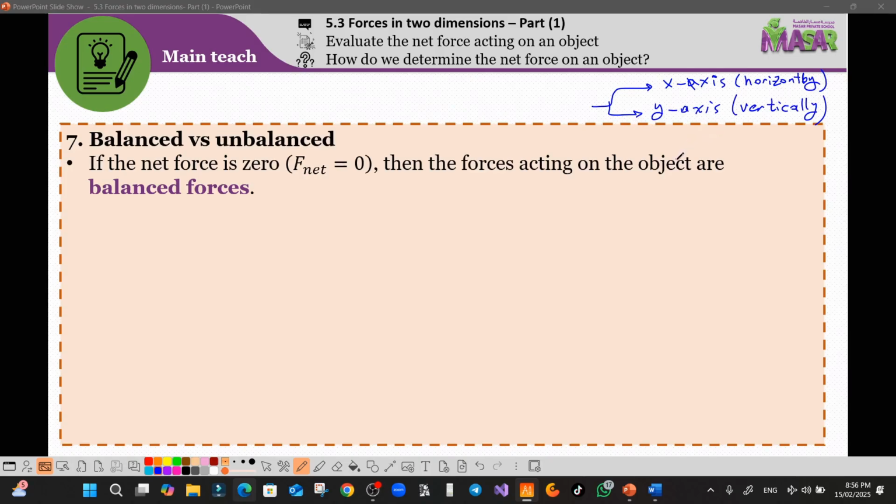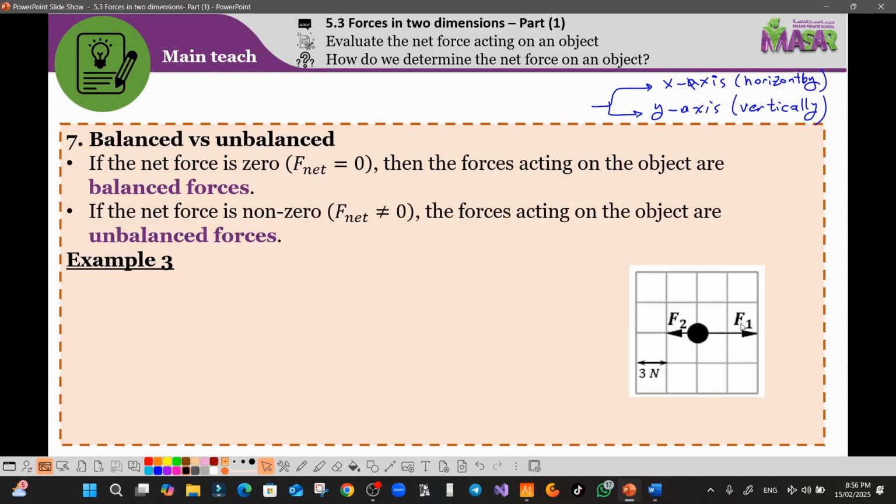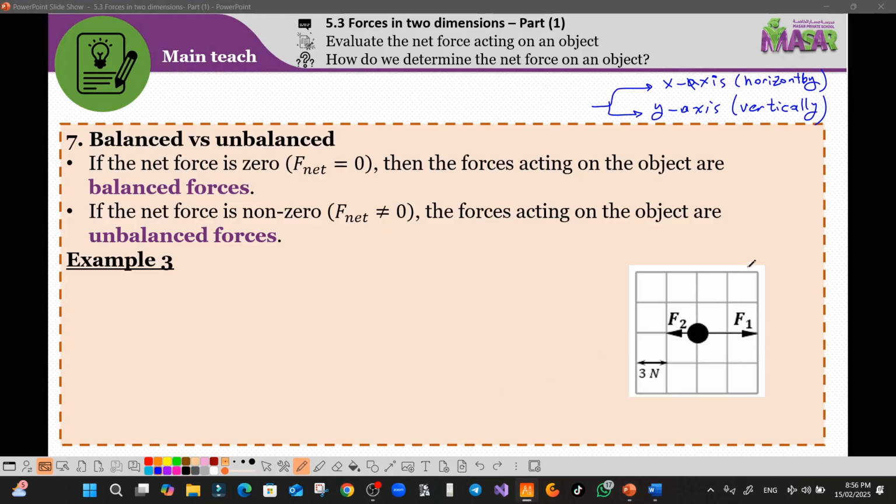What if we didn't find F net equal to zero? Then it won't be a balanced forces case. This is unbalanced forces. So for example here, if we recalculate the two forces F1 and F2, we will find that F1 is equal to 2 times 3, which is 6 Newton.